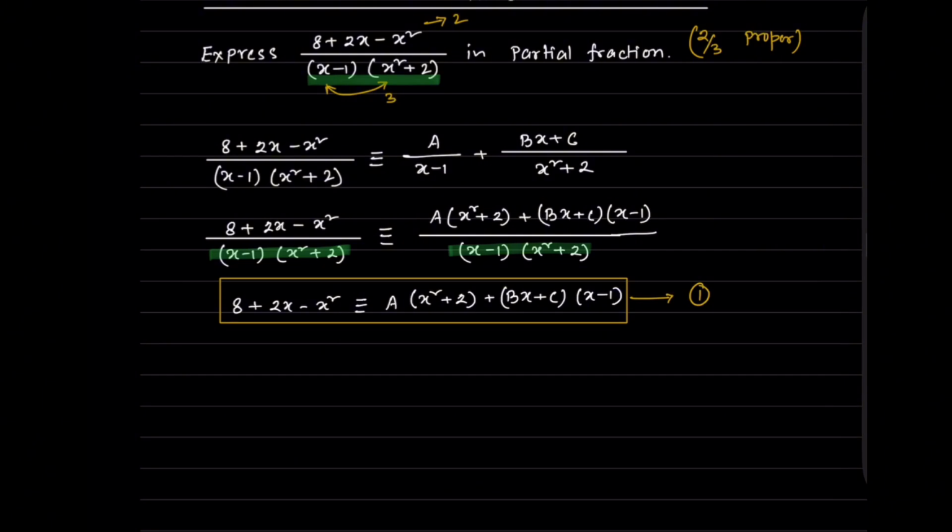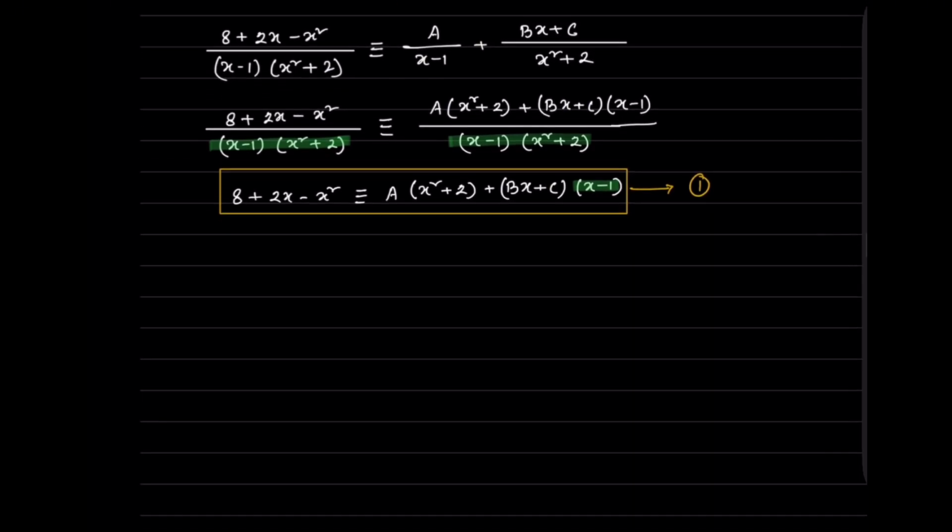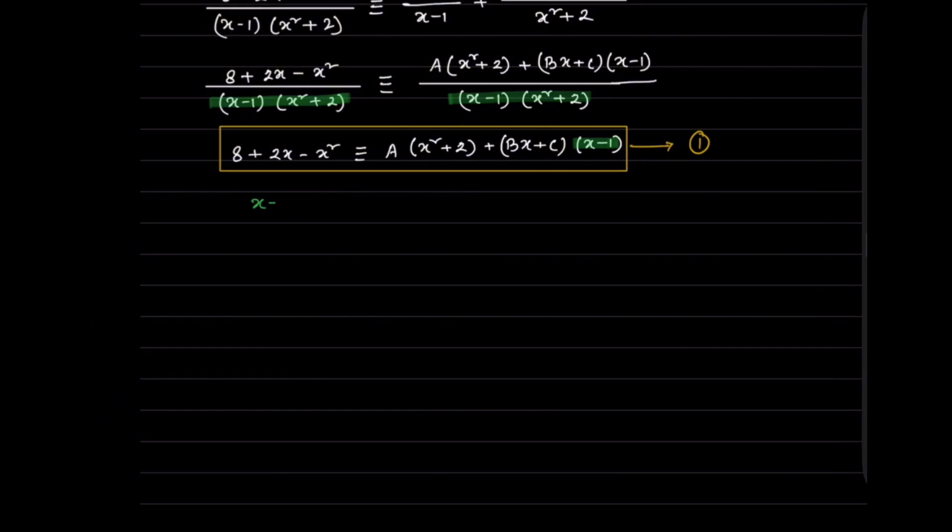If I take x minus 1 equals 0, then the right term bx plus c will be completely 0, so x equals 1. Put x equals 1 in this equation: 8 plus 2 into 1 minus 1 square equals a into (1 square plus 2), and the whole right term will be 0 because x minus 1 is 0.